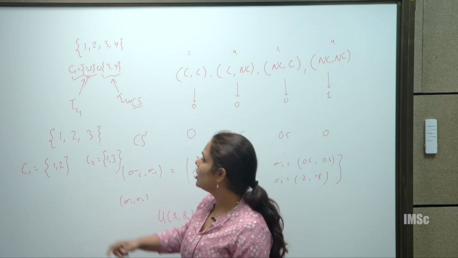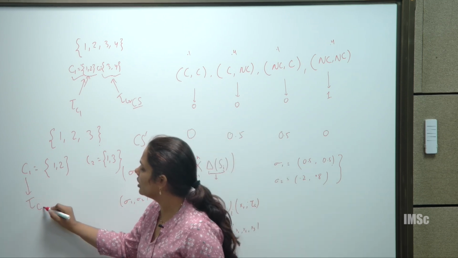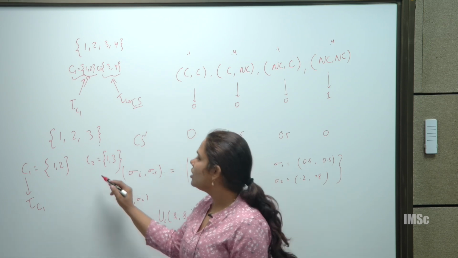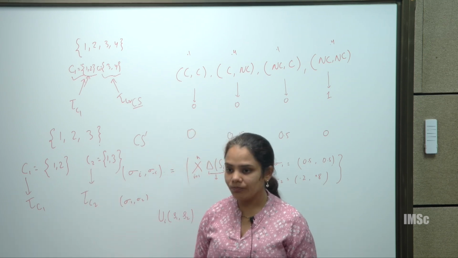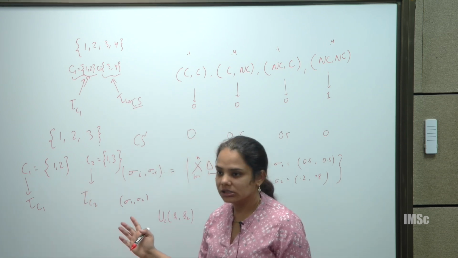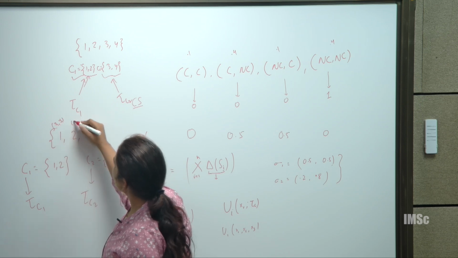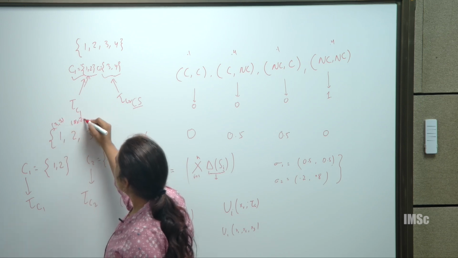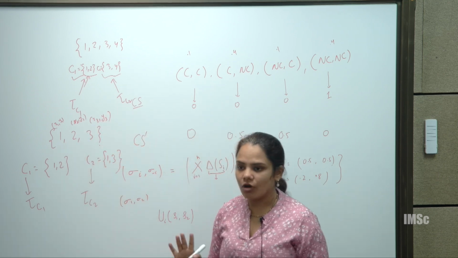Mostly it's not, because with respect to C1 I will get some correlated strategy tau C1, and with respect to C2 I will get some correlated strategy tau C2. How does tau C1 look? Let's say I have x1 y1, x2 y2, x3 y3. These are the strategies of 1, 2, 3.